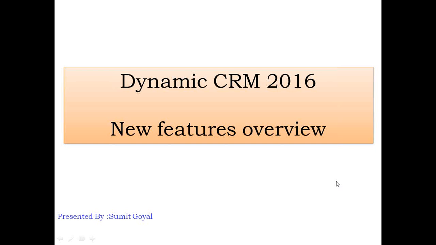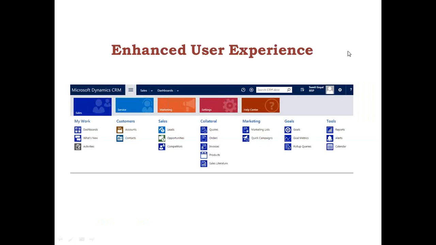So the very first enhancement which has been done is in the user experience. It's not new to 2016, it was already updated in 2015 as well, but a new enhancement has been done: the updated navigation. So navigation to the various areas like sales, service or marketing.